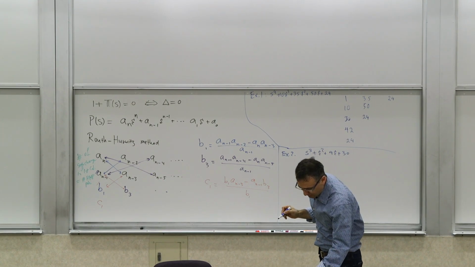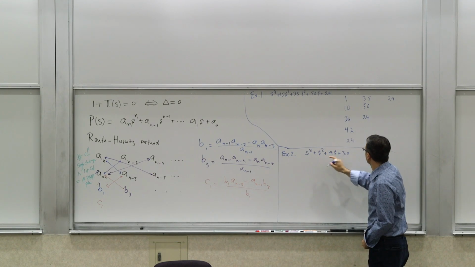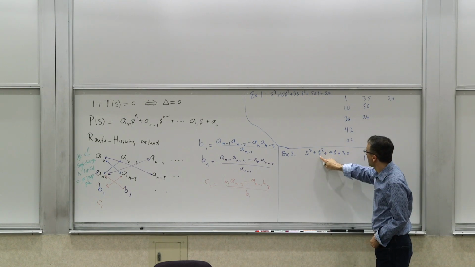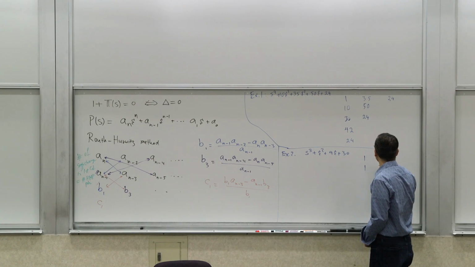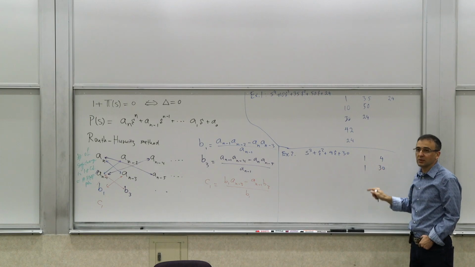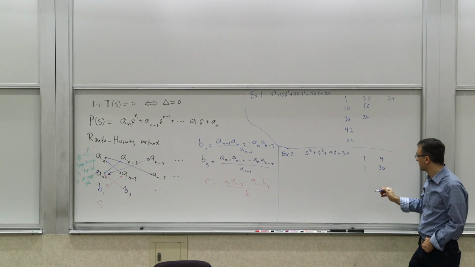If you pick this example, what are the coefficients? Let's write them. We start from the highest order one. It's 1. The next one over is 4. This one is 1. And the next one over is 30. Okay? So 1 times 4 minus 1 times 30, which is 4 minus 30, is negative 26.